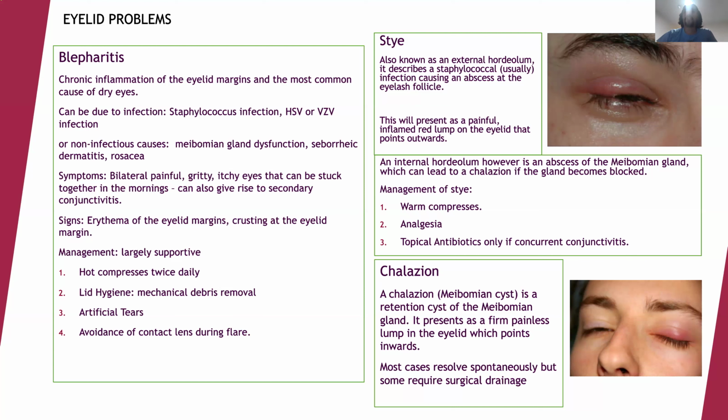You get a bilateral, painful, gritty, itchy eye, and this can cause secondary conjunctivitis. It's bilateral because seborrheic dermatitis or other non-infectious causes are usually autoimmune. You get erythema of the eyelid margins and crusting at the eyelid margins. So the management is again supportive.